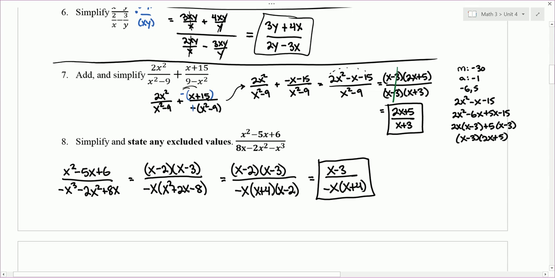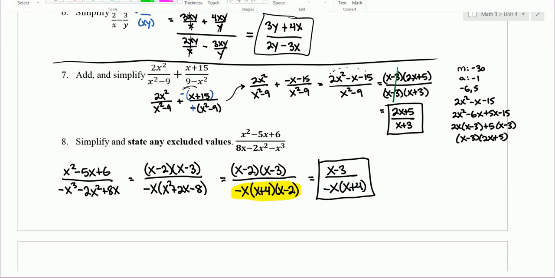When you look for excluded values, don't look at the simplified version. Look at the part right before you simplify it and just focus on the denominator. Just like we did last chapter when we found the x-intercepts of the polynomials, that's what we're doing. We're finding out what are the values of x here that would make each factor equal to 0.